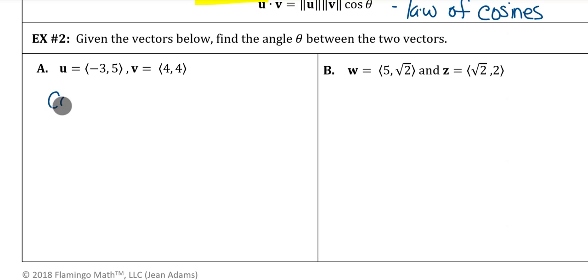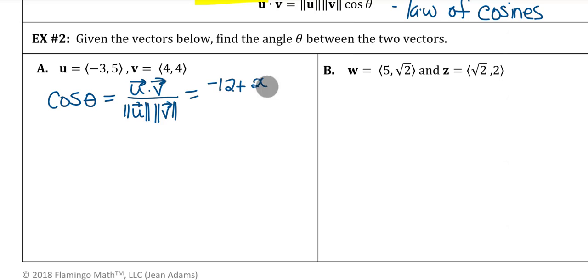Cosine of theta is going to equal u dot v over the magnitude of u times the magnitude of v. So that means we're going to do -12 plus 20 over the square root of 9 plus 25 times the square root of 32.